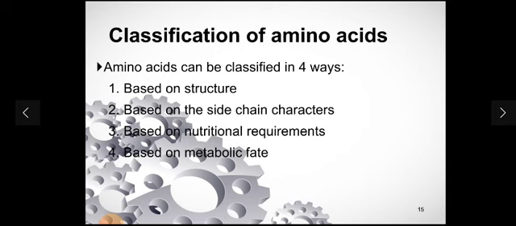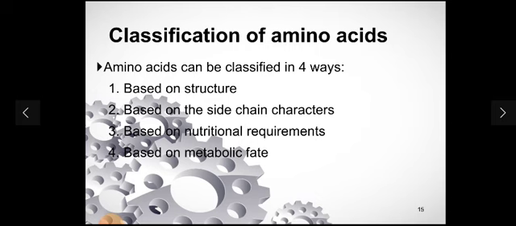Now, classification of amino acids. Amino acids are classified in four ways. There are four different ways in which we can classify amino acids. One, you can classify amino acids based on their structures. Two, we can classify amino acids based on their side chain character.